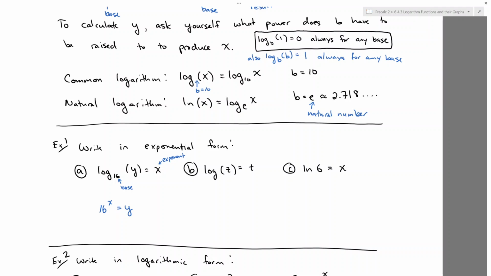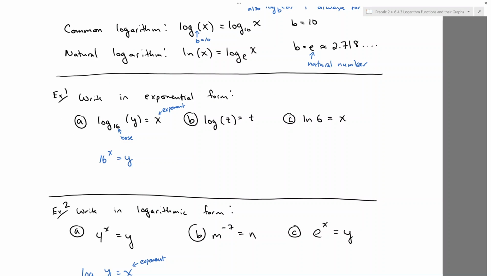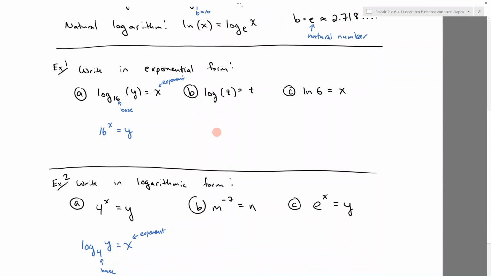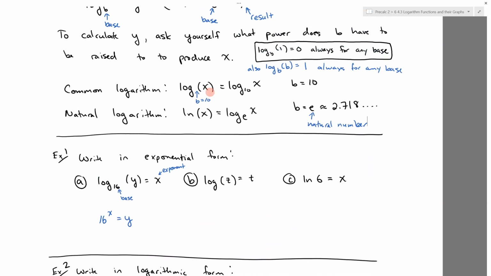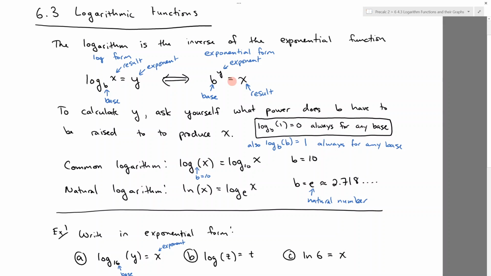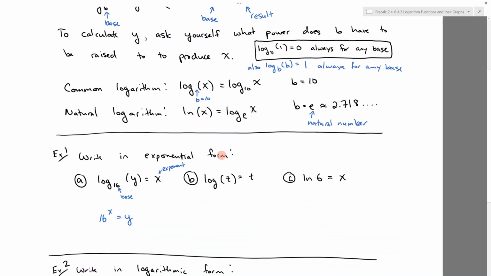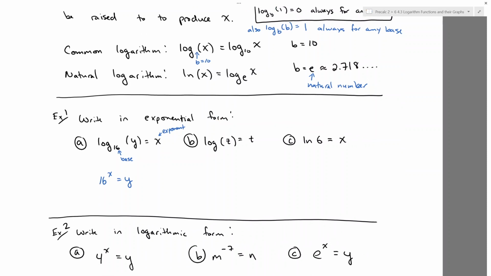In examples 1 and 2 at the bottom of the page, we want to become familiar with going back and forth between log form and exponential form, and where all of the pieces go. In example 1, we're given expressions in log form and we want to write the exponential form.